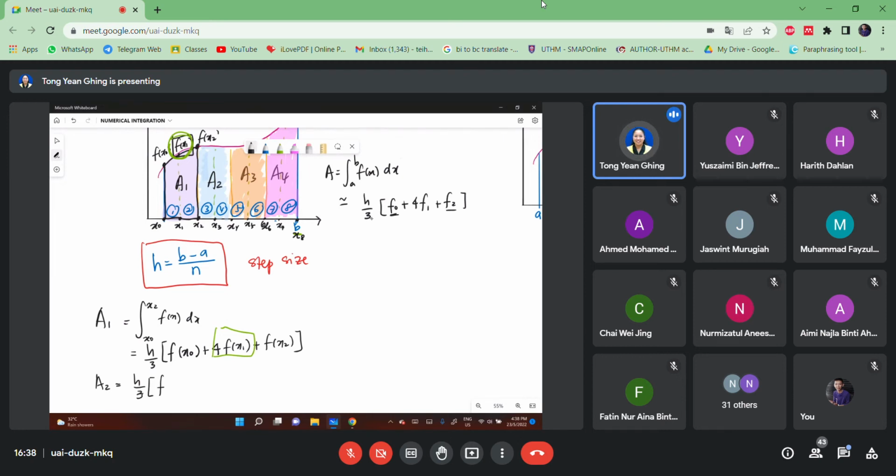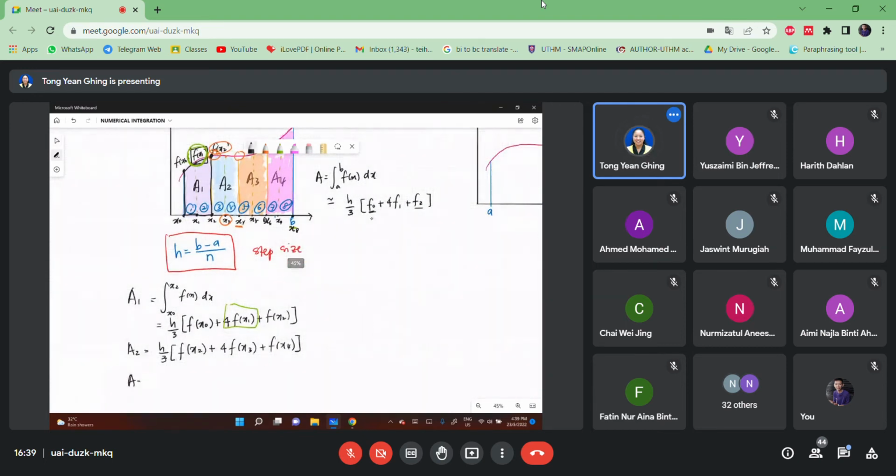So A2 is H over 3 times, it starts from F X2, and then the middle is F X3, and here is F X4. So like this, F X2 plus 4 F X3 plus F X4.